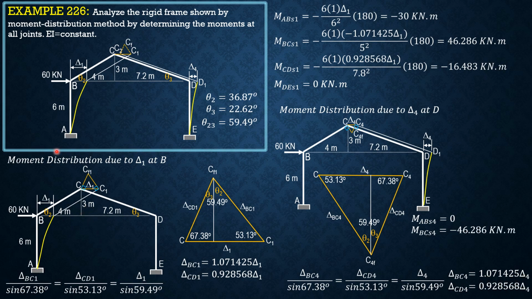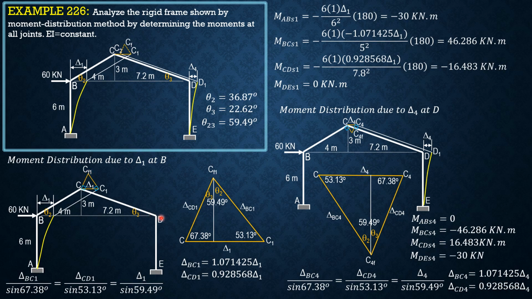It is counterclockwise, so it is treated negative. So it's negative 46.286, using the same formula.